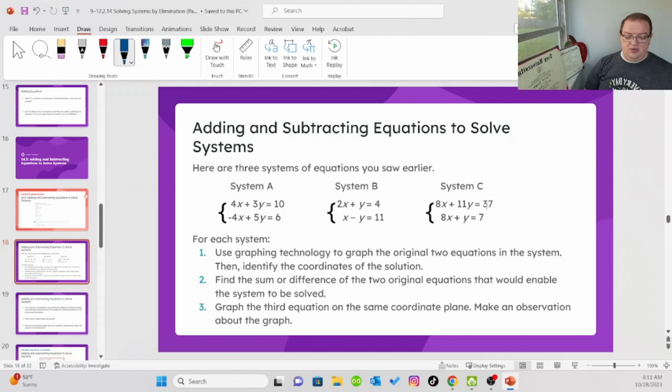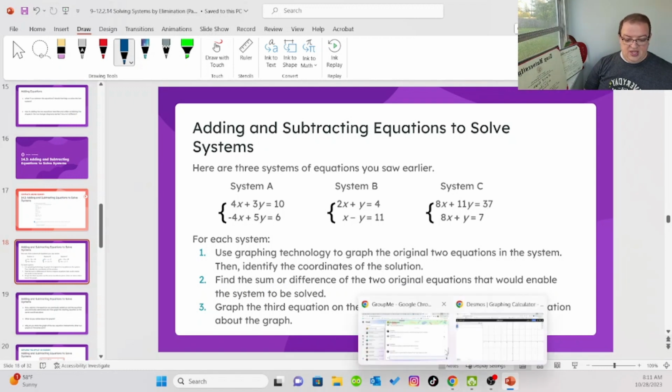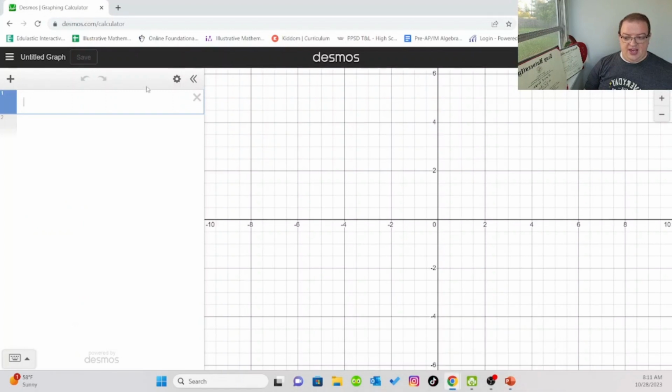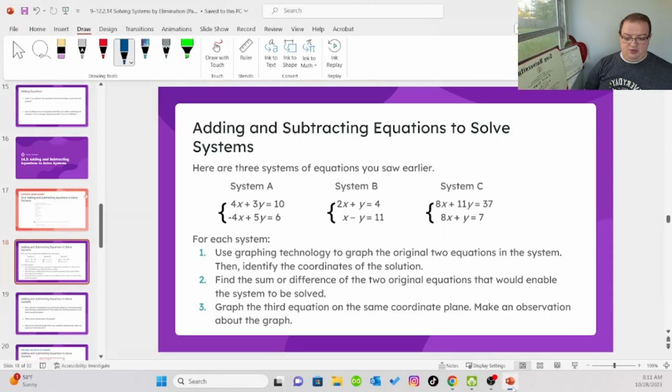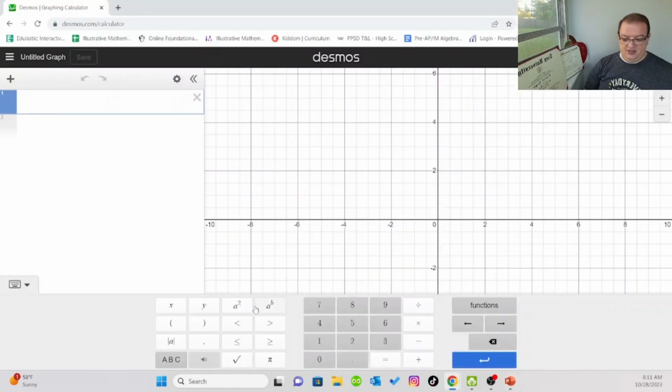So, first thing they want us to do is use graphing technology. And a tool that we have is desmos.com/calculator. This is a free online graphing calculator that will allow us to do these problems. So in the first system, we have 4x plus 3y equals 10.